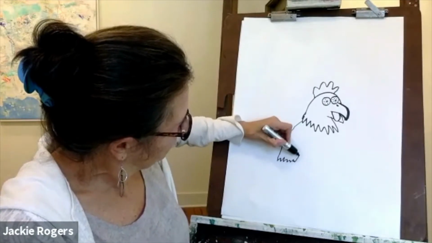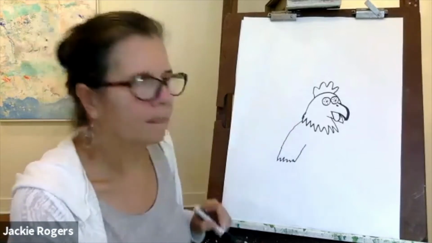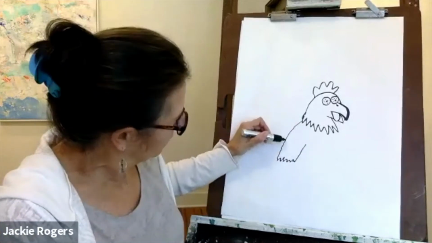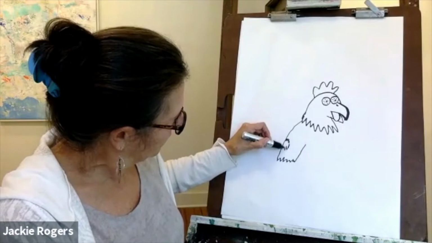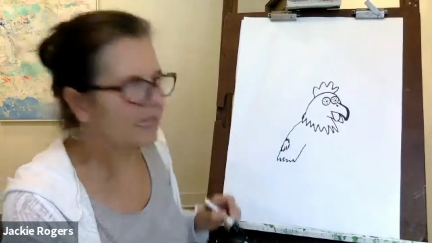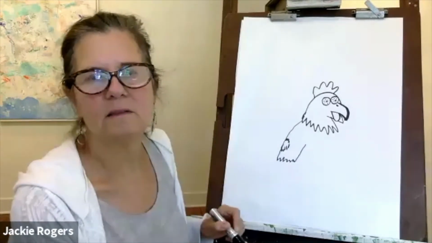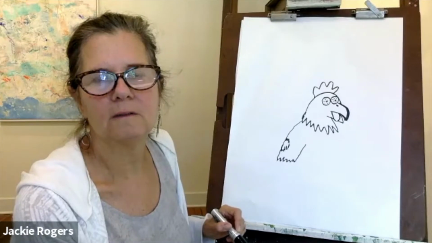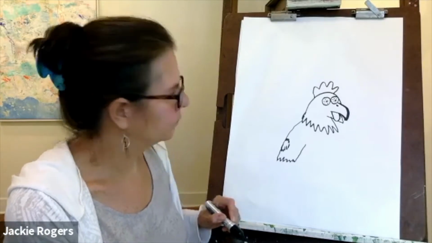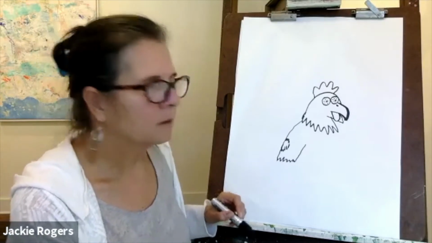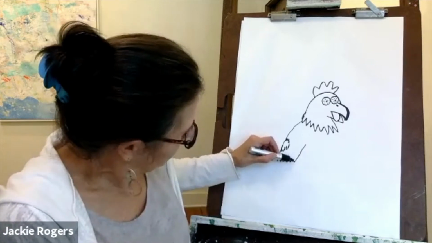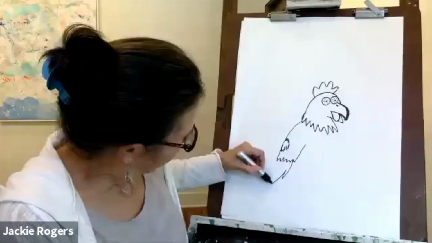So there's his sleeve. And maybe we can make a hole in it. So when I go to make a hole in a sleeve, I kind of make it look jaggedy. And then his feathers are sticking out.